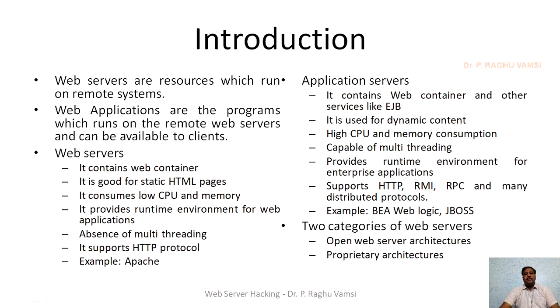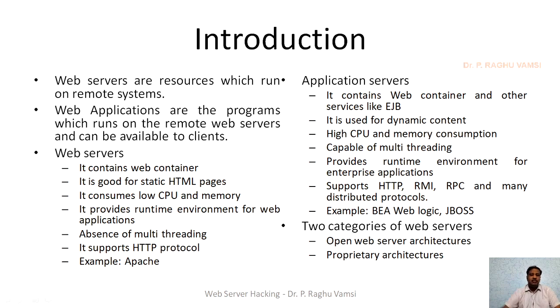Whenever you type the IP address of the system where the Apache server is running, :8080, automatically the Apache server's home page will come onto the screen. Next one is application servers. Why are application servers special?